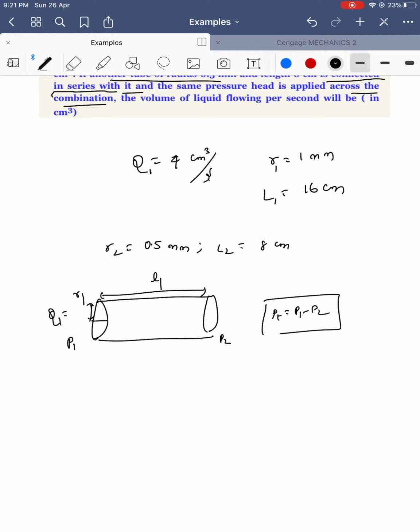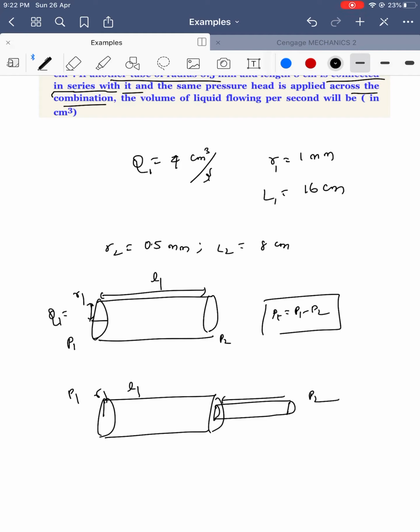Then he connected another pipe in series to this. Here P1 and here P2, he maintained the same pressure. So here is L1, R1, L2 and R2.